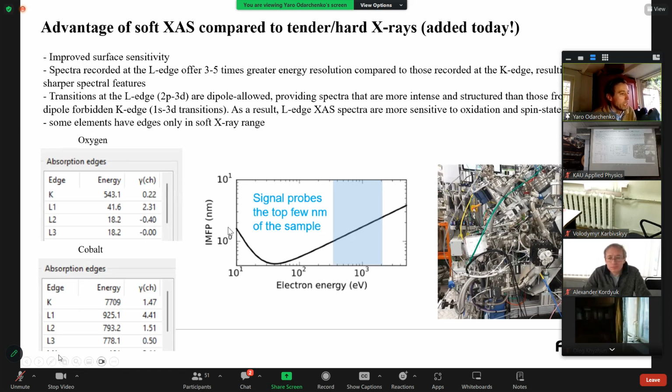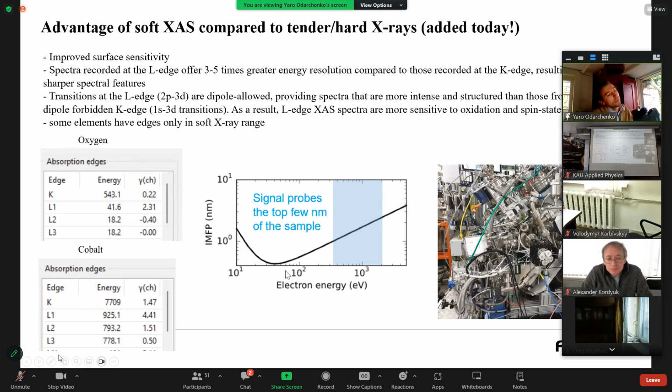First, here is the average electron path as a function of electron energy.